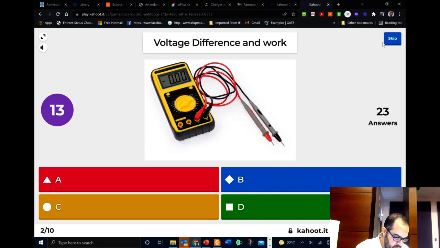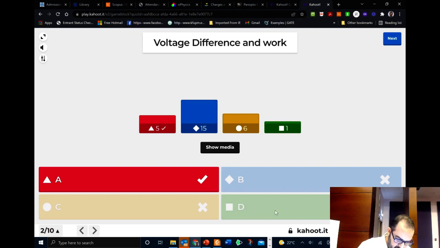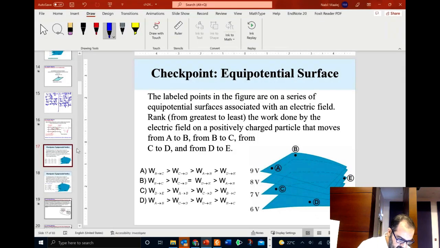Okay, we have 10 seconds. Okay, so we have 5 correct answers, and the rest are 21 or 22 incorrect answers. All right, so let's see. This is not an easy one, by the way. So let's do it together.